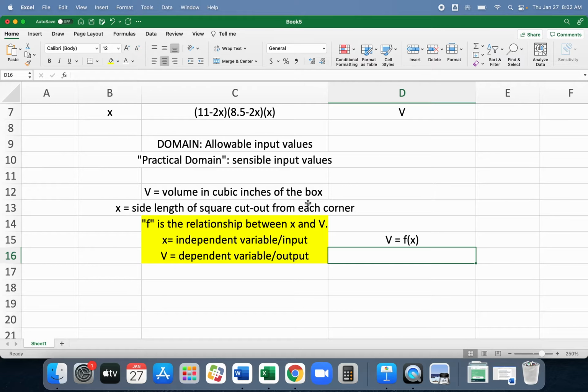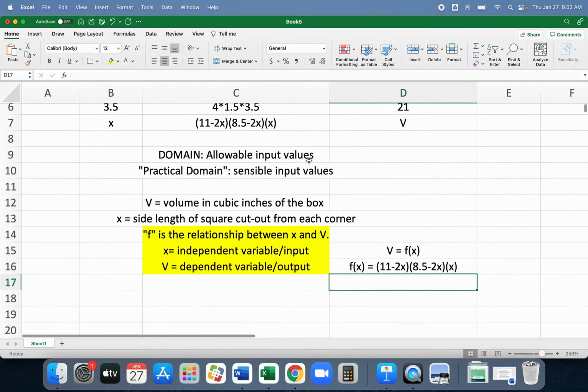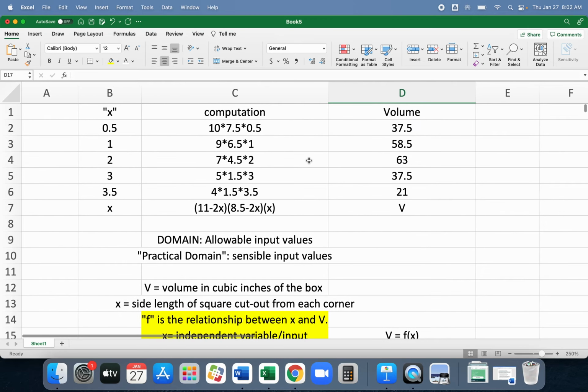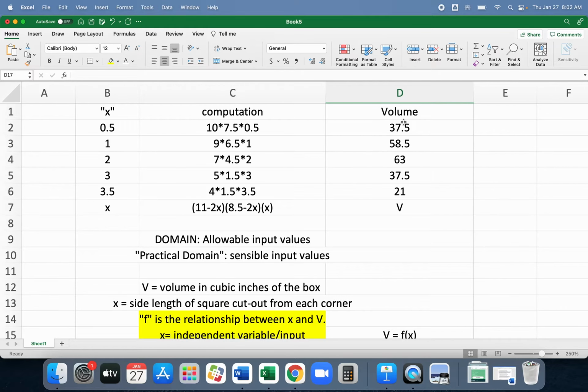So f is related to that formula, or I could say f of x equals 11 minus 2x times 8.5 minus 2x times x. And obviously you can write those three pieces, length times width times height, in whatever order you wanted to. It's just multiplication.